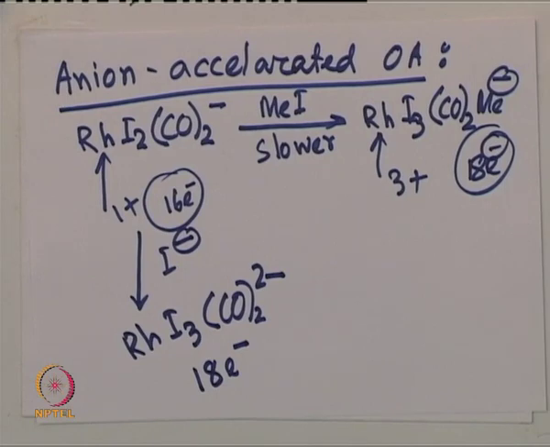Essentially, what we are trying to do is, in addition to methyl iodide, add, let us say, potassium iodide or sodium iodide. Any iodide salt can be added with methyl iodide, and in this case a slow reaction can be accelerated. If we add an iodide salt, we will first get the RhI3(CO)2 2 minus complex.